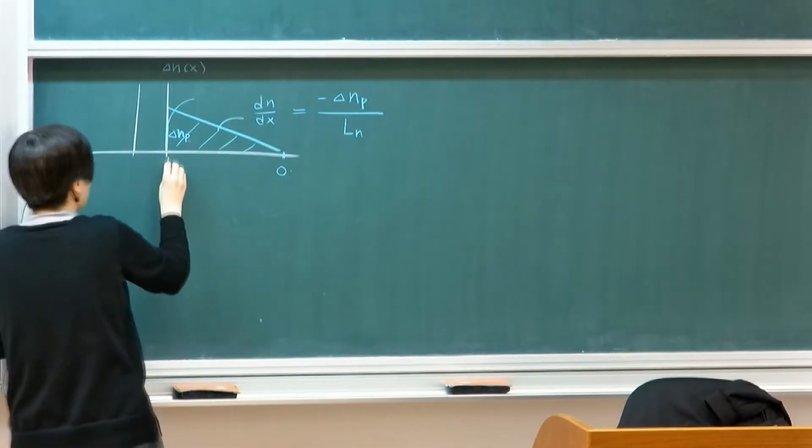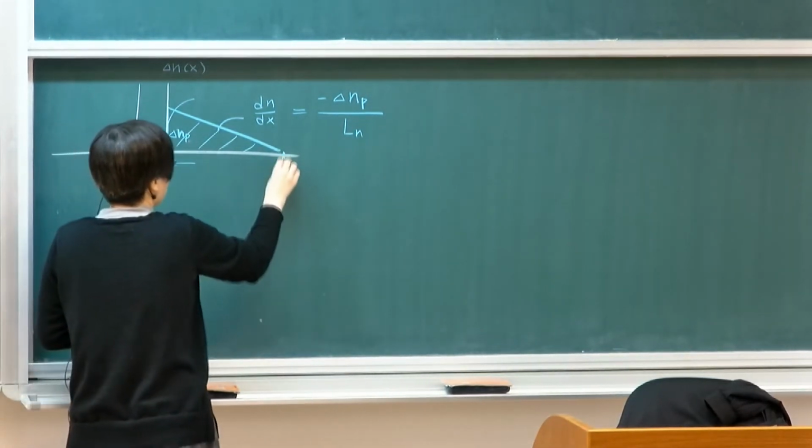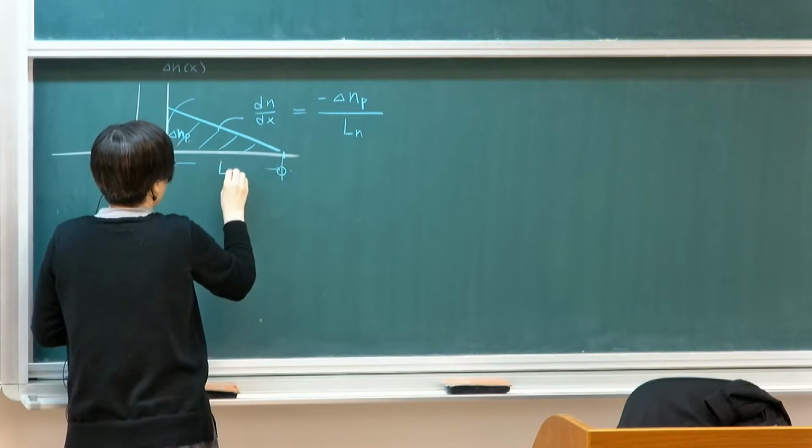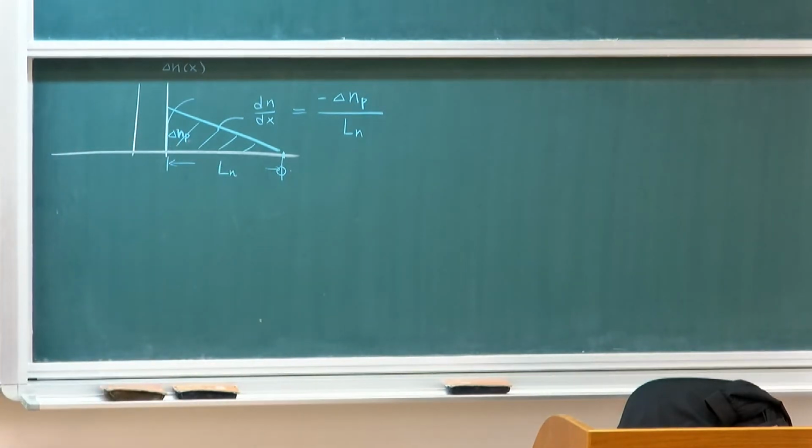Let's say we assume it reduces to 0 at a characteristic length, which we call the diffusion length. In a real device, if you look at the minority carrier concentration on the opposite side, the excess electron density along x will actually be an exponential decay.